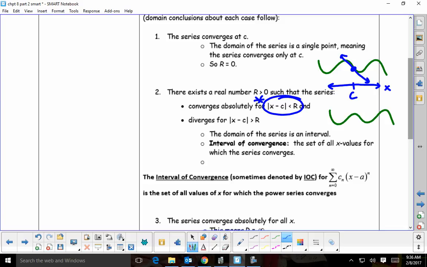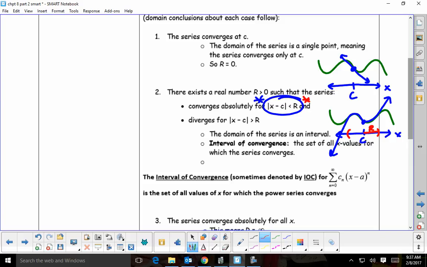And say, again, here's like my c value on the x-axis, where I'm centered, and we may only converge for a certain amount of time. So maybe we converge from here to here, meaning we have this radius of convergence going on. And that could happen.